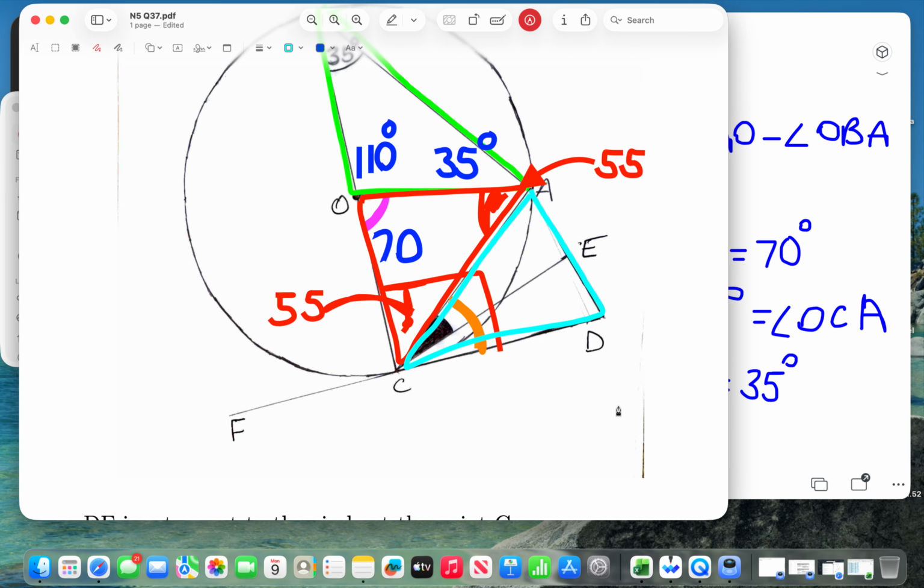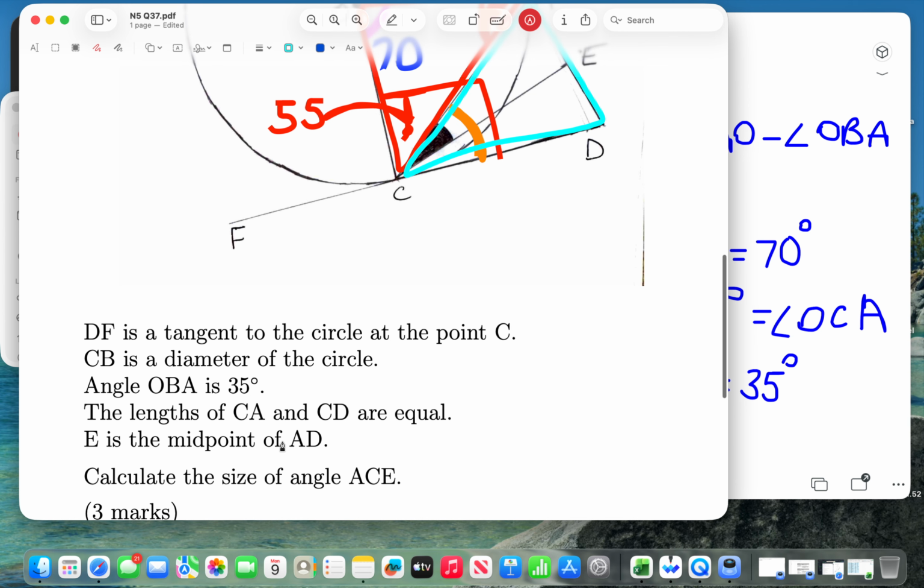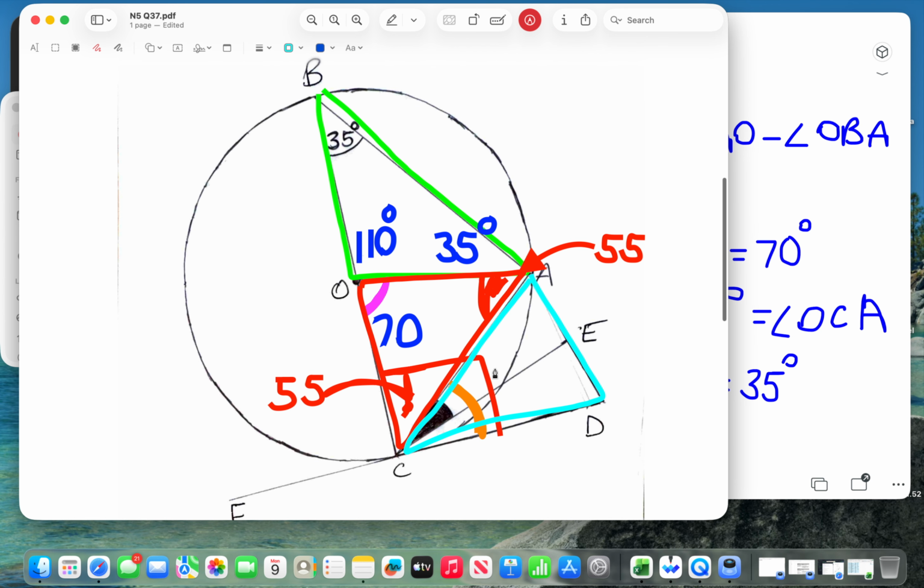This is an isosceles triangle, and you're also told E is the midpoint. So essentially, these two triangles have the exact same lengths. If you split these into two triangles, they have the exact same dimensions because they both have CE, and AE and ED are equal.